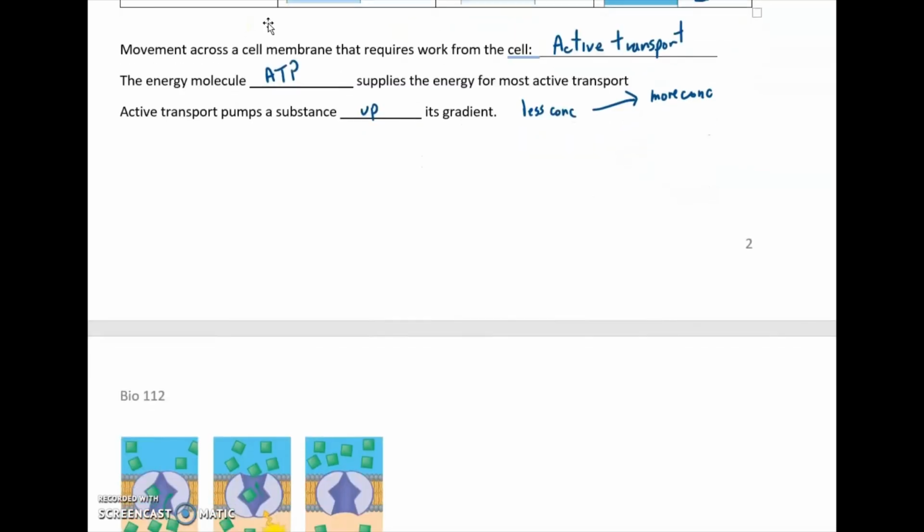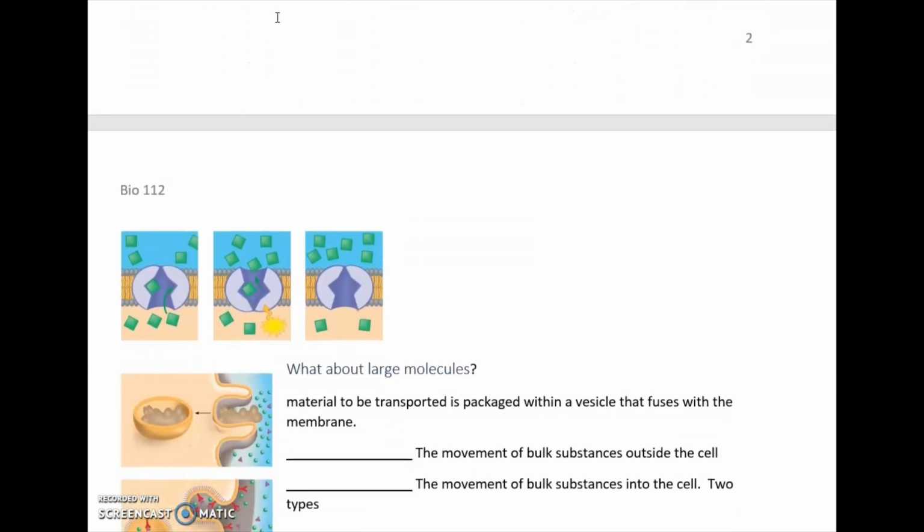And we have a cartoon of active transport. The green molecule binds, and then ATP is used, and then it opens on the other side. So we're pushing the green ones this way. Okay.